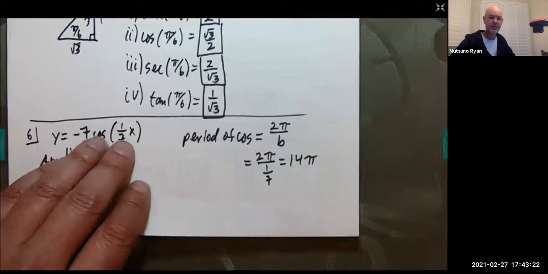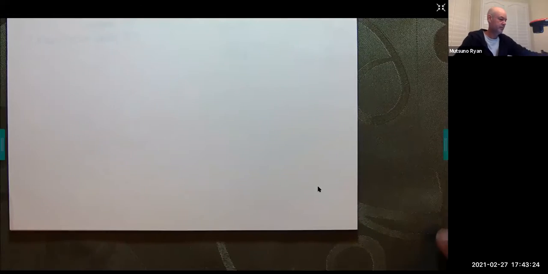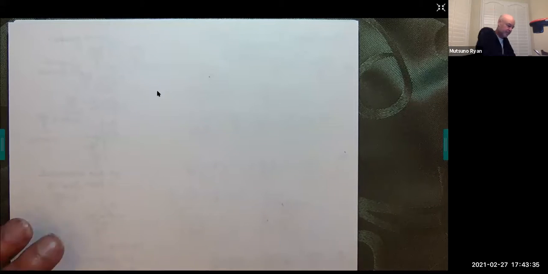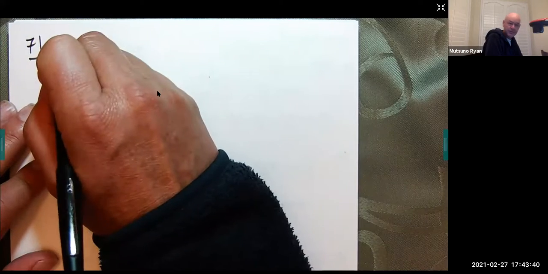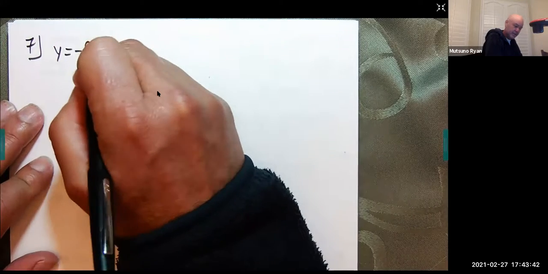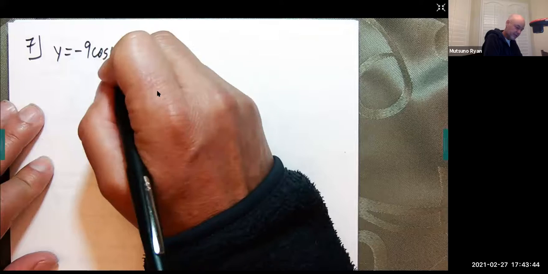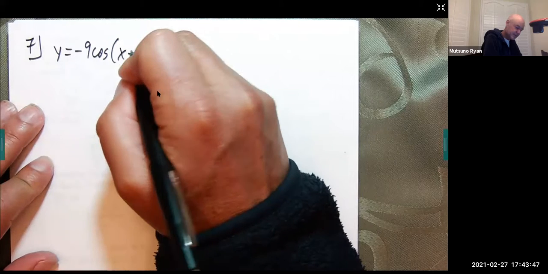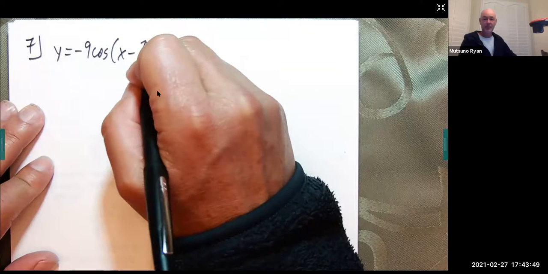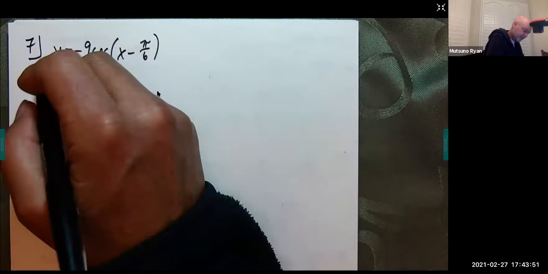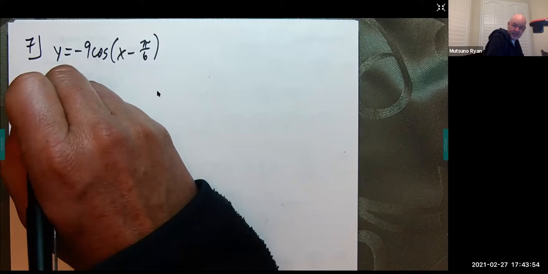And I'm going to get us a new sheet of paper now. All right, number 7. So we have the function y equals -9 cosine of x minus pi/6. And they want to know 3 things in this case. The first one is the amplitude.